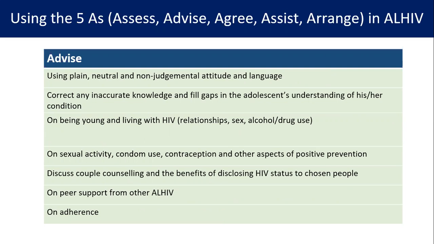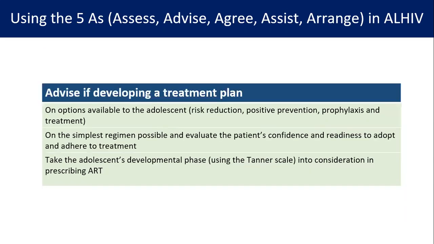On sexual activity, we have to always tell them to use barrier contraception, like condoms or other contraception. Discuss couple counseling and the benefits of disclosing HIV to chosen people, and peer support or any other ALHIV. And lastly, we also have to advise on the adherence issues, and whatever treatment they are advised has to be continued lifelong. Next. Next comes agree.